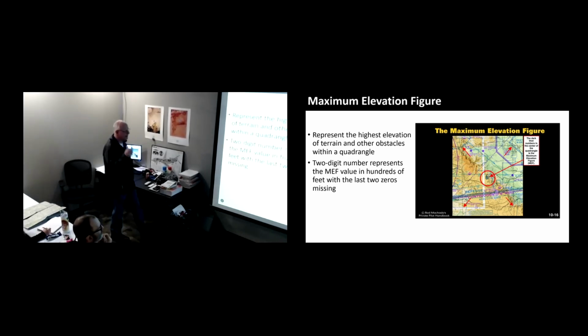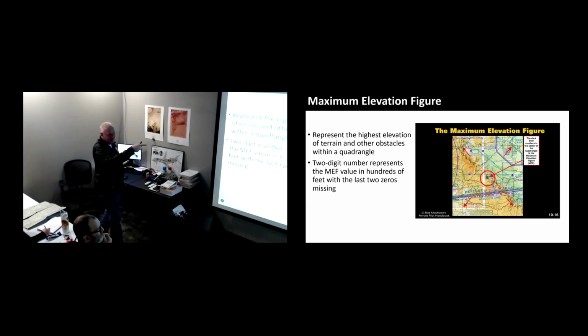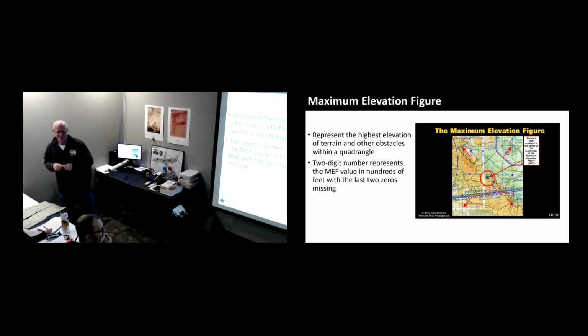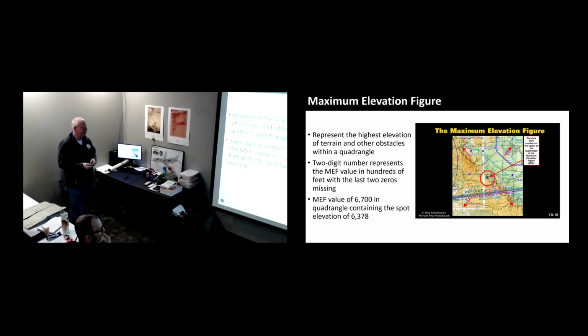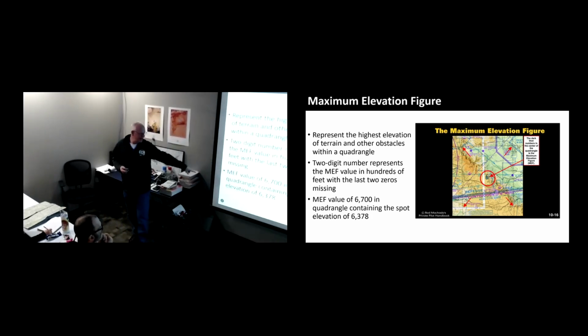Okay, it represents the MEF in hundreds of feet, with the last two digits omitted, right? So in that particular case, 6.7 means 6,700 feet is the elevation MSL within that quadrangle. In this particular case, the MEF is 6,700.